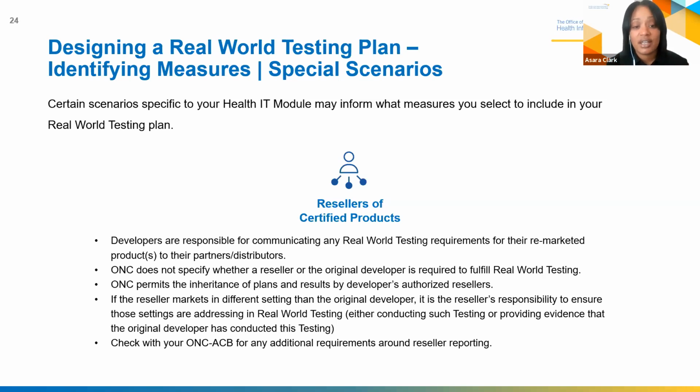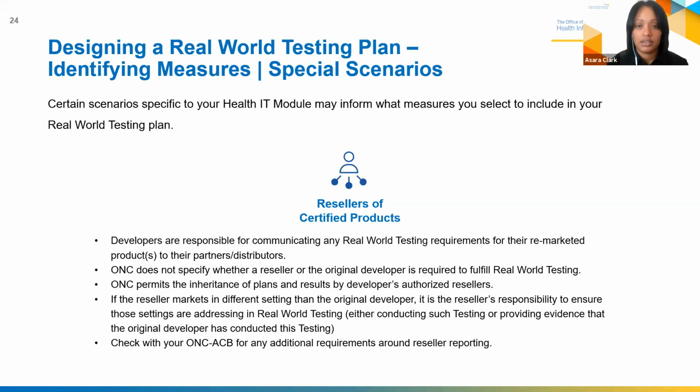ONC does not specify whether a reseller or the original developer is required to actually fulfill the real-world testing. So you want to make sure you're working with the partners or distributors of your remarketed product to make sure it's covered for real-world testing, because again, they are listed on Chapel as a certified health IT module.